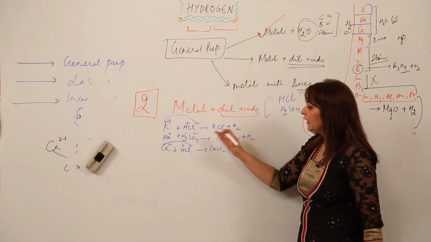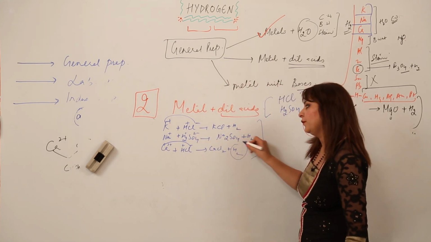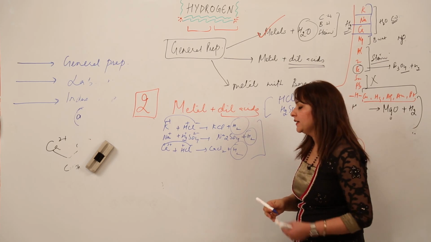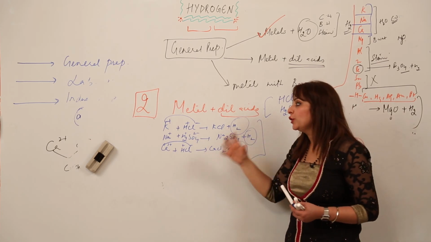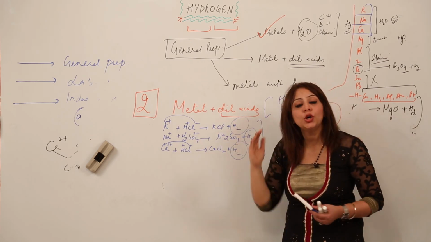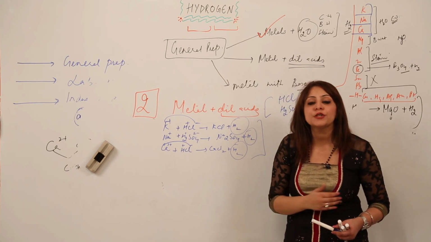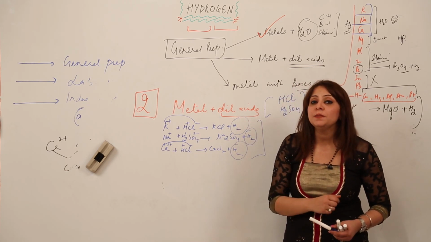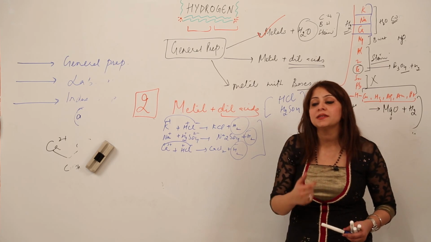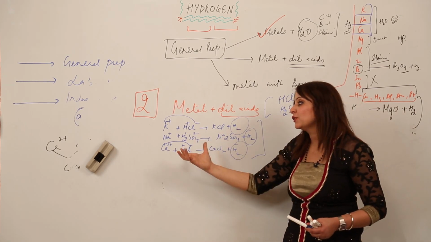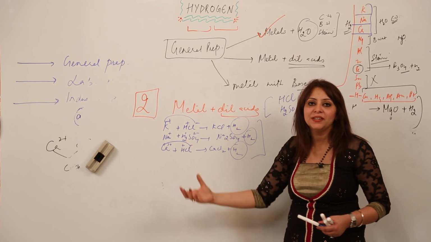So when they are reacting, obviously hydrogen gas is liberated, but these metals are not used for preparing hydrogen from dilute acid. Now the question must be arising in your mind: what is the reason, when they react so readily with the acids?